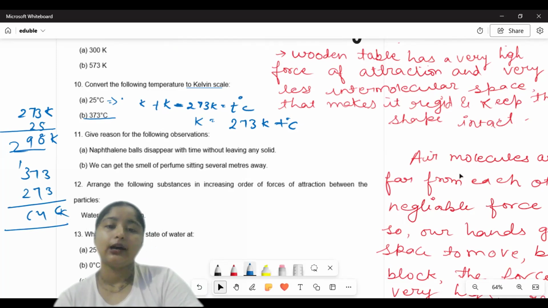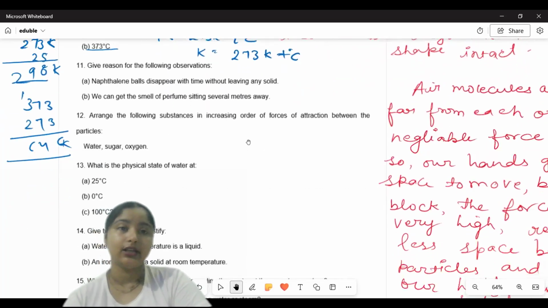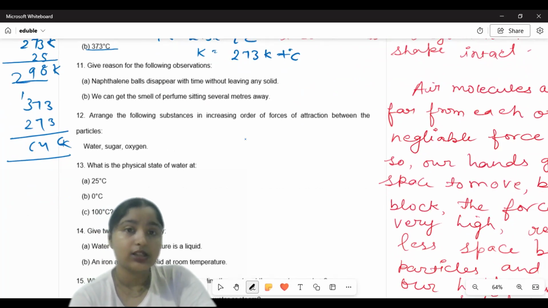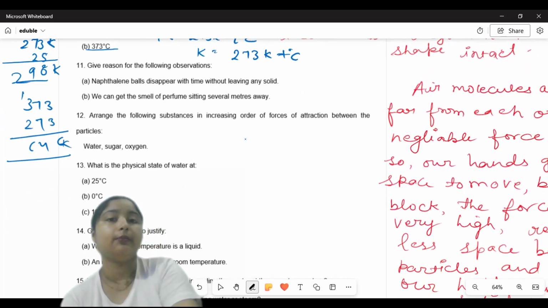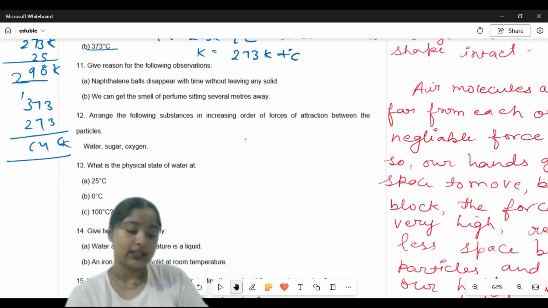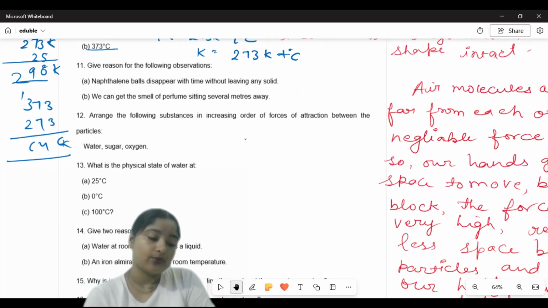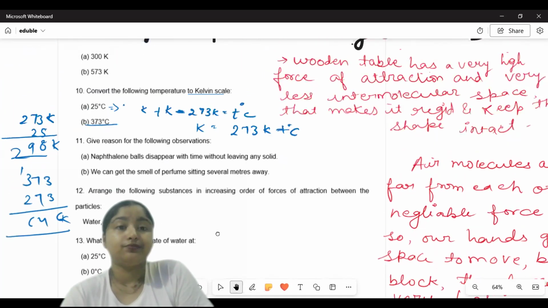Okay. Now let's move on to question 11. That is, give reasons for the following observations. Naphthalene balls disappear with time without leaving any solid. See, this is one of the very important questions that you should know, right?